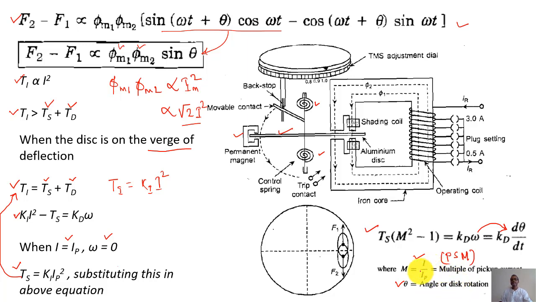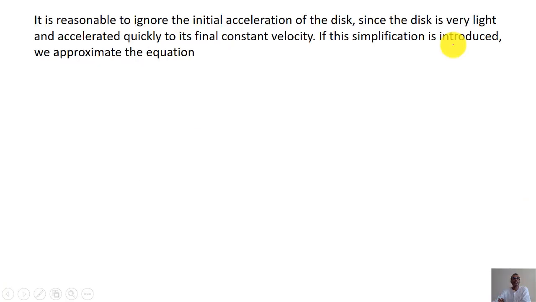Okay. So this theta in fact is not equal to this theta. This theta is different. This is the phase angle difference between phi 1 and phi 2, and this is in fact the deflection of the aluminum disc. So it is reasonable to ignore the initial acceleration of the disc, since the disc is very light.